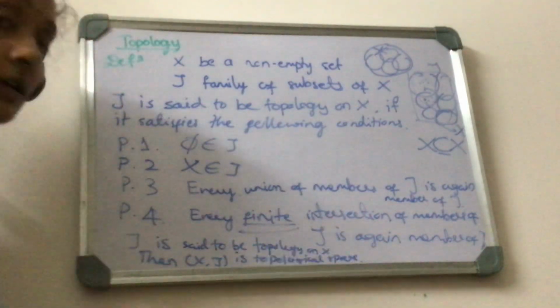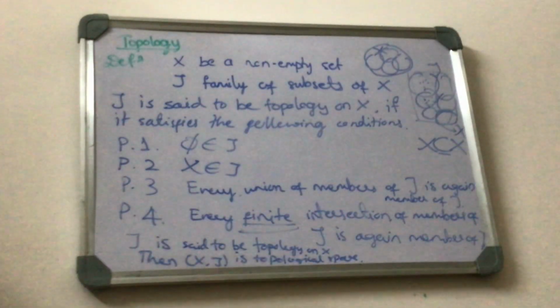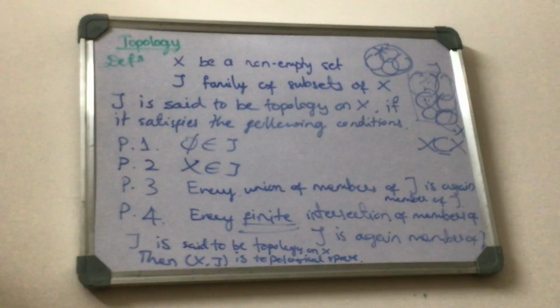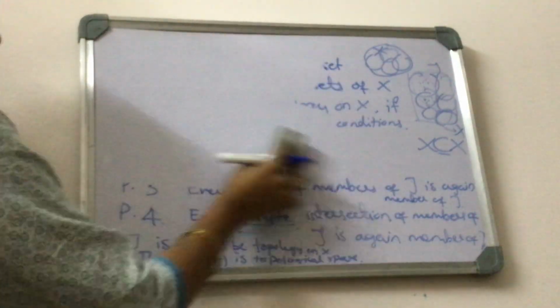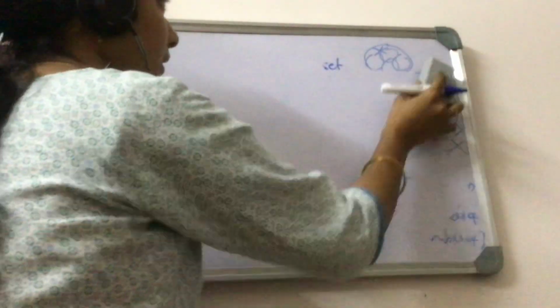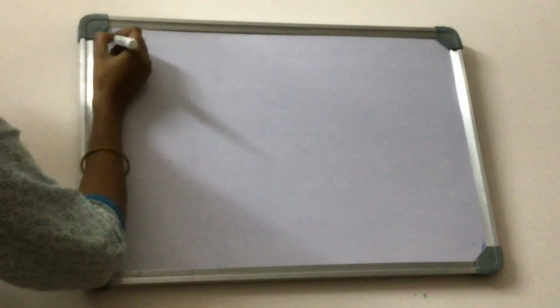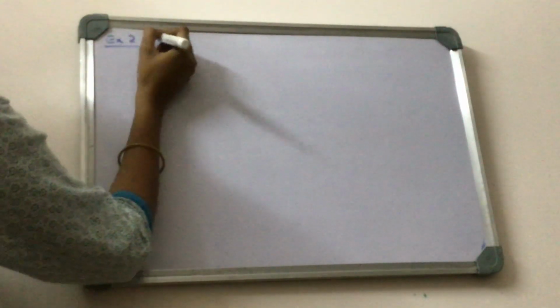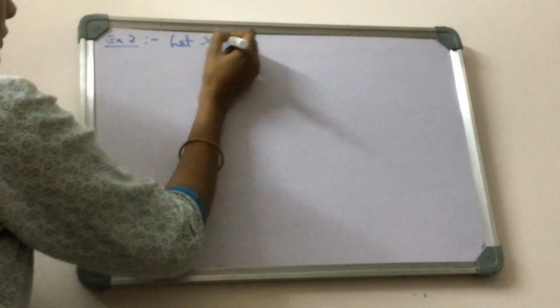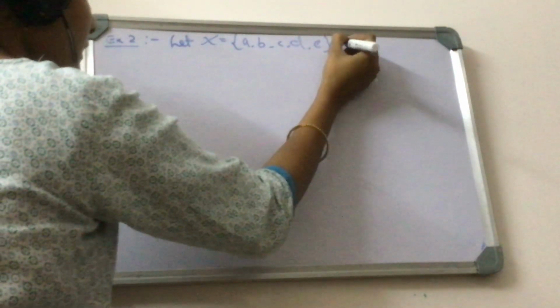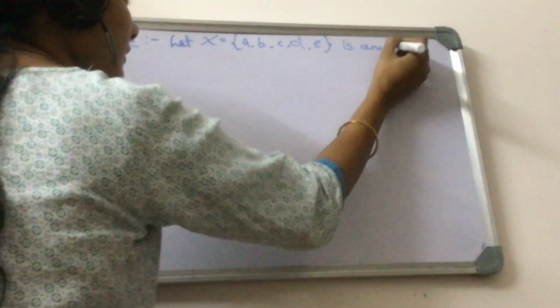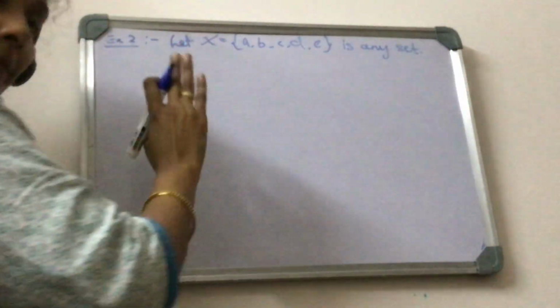In the last class we have discussed one example. We'll see one more example so that you will understand better. Second example, let X = {A, B, C, D, E}. Five elements are there, it is any set. It's a non-empty set.